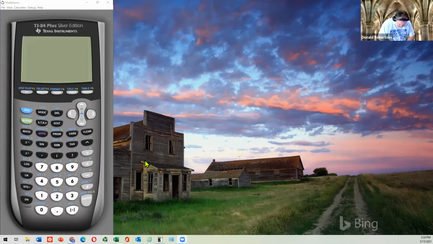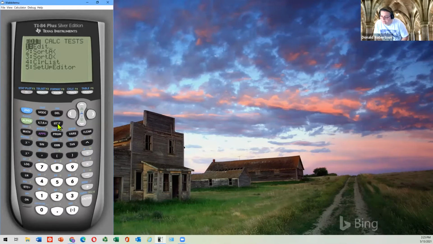So here goes. I'm going to make up a set of data and calculate the mean and the median for it. First thing you do is hit the Stat button. That's easy. If you're doing it with me, you can keep going.